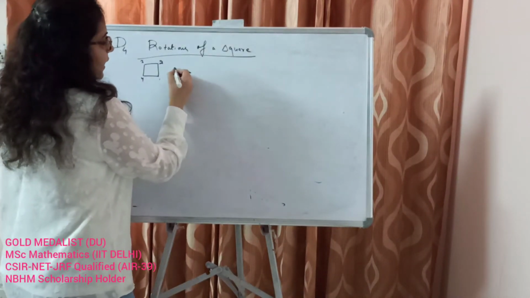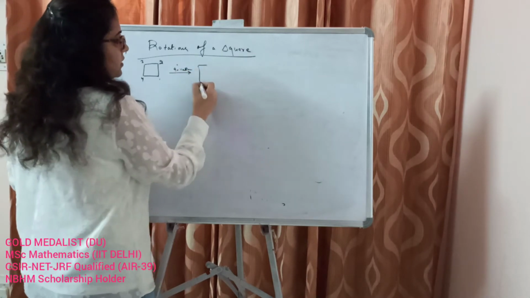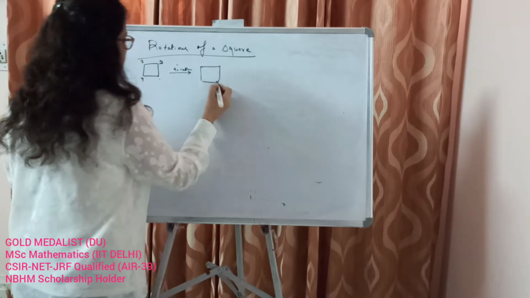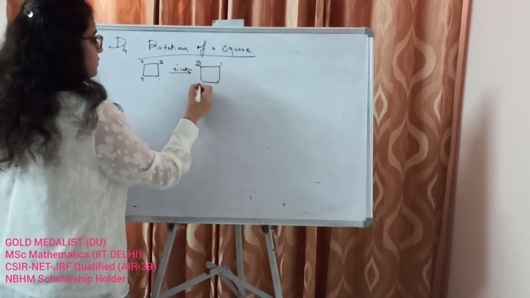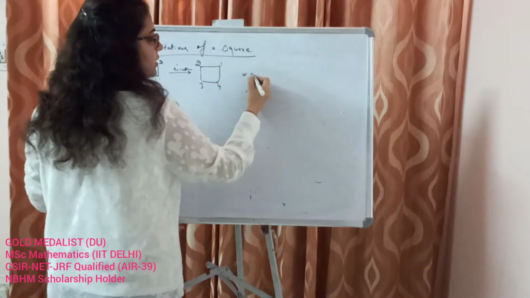Now, if I apply 90-degree rotation to this, what is the resultant square? Okay. Now, can we write a permutation out of this?